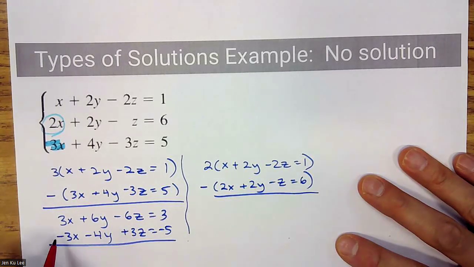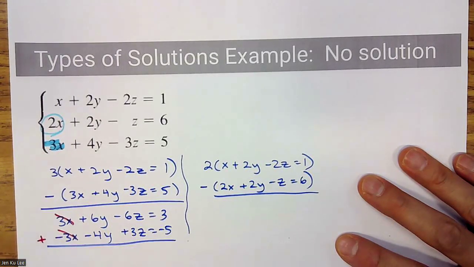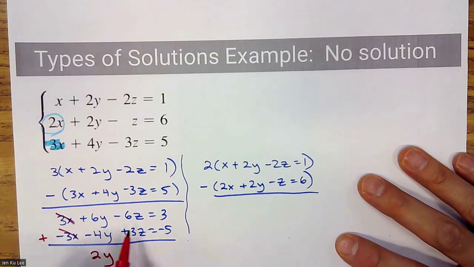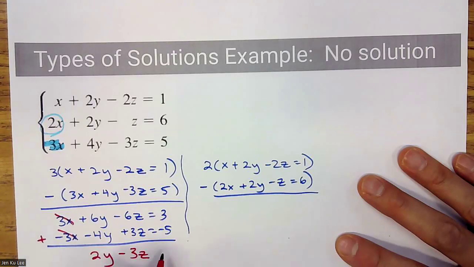Adding the two together, those two guys cancel out. 6y minus 4y, that's 2y. Negative 6z plus 3z, that's negative 3z, equals negative 2.